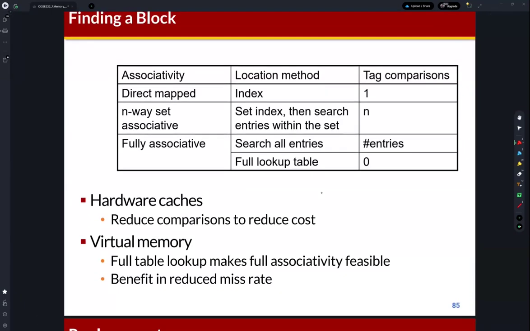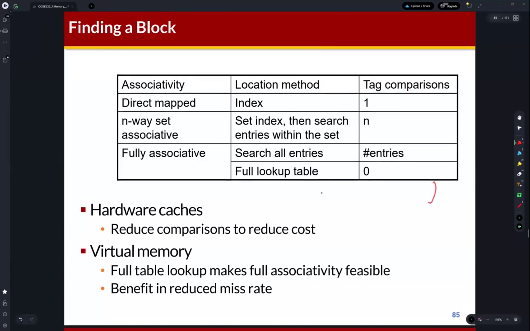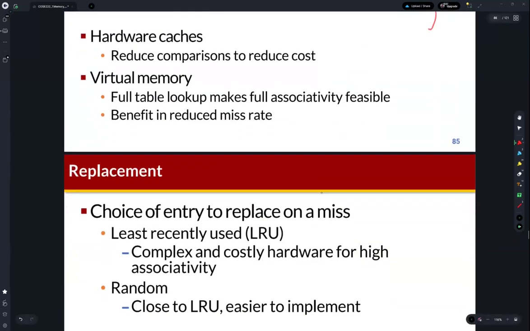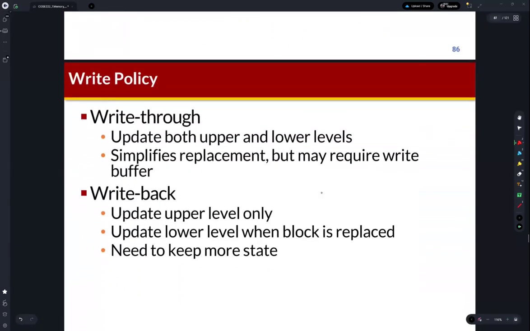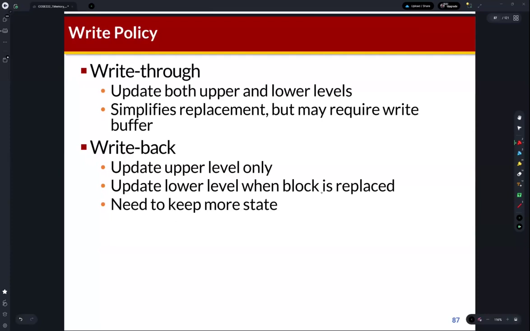So you can just understand the set associative cache, the direct mapped cache, and the fully associative cache like this, right? And then we also learned about the replacement policy. We learned about the write policy, whether it's a write through or write back policy, right?